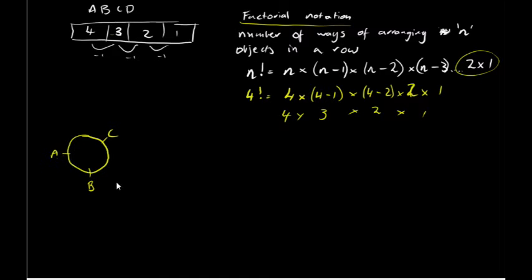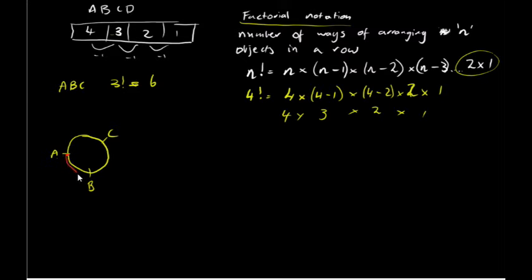If I had A, B, and C in a row, it would be 3 factorial, which is 6 combinations, since 3 times 2 times 1 gives me 6. But as a circular arrangement, there's only 2 ways I can do this.